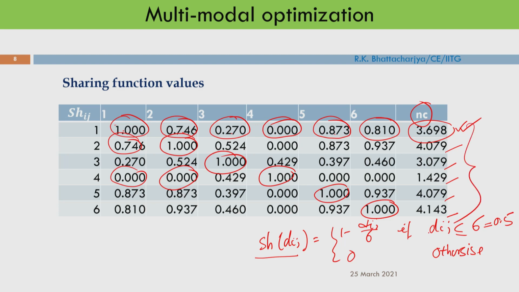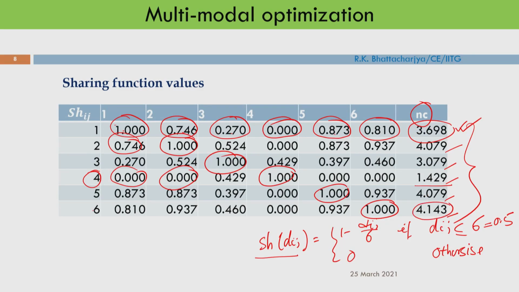Now, looking at this niche count value, you can say that solution 4, whose niche count is 1.429, is an isolated solution. So, it is not a crowded solution. And what is the most crowded solution? The most crowded solution is the last one, solution 6, whose niche count value is 4.143.